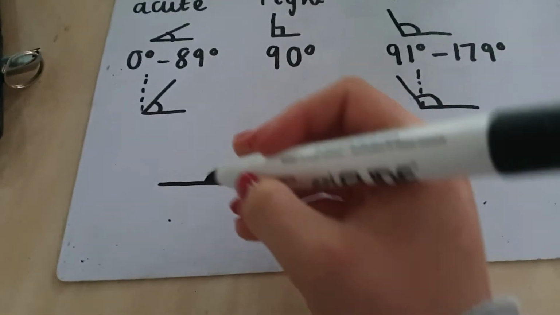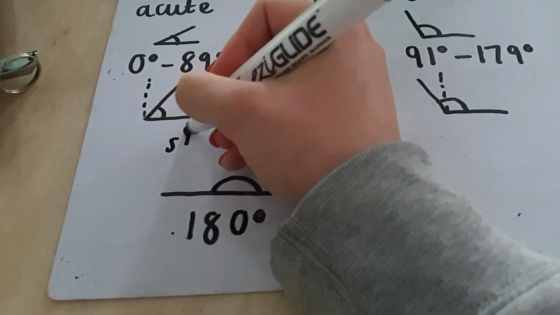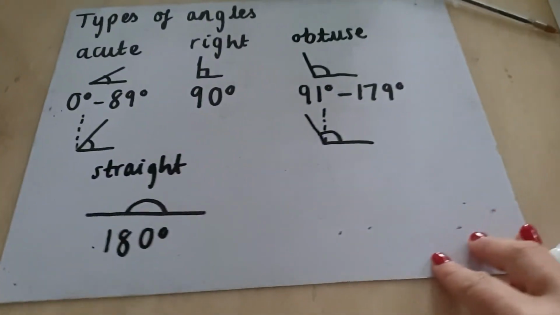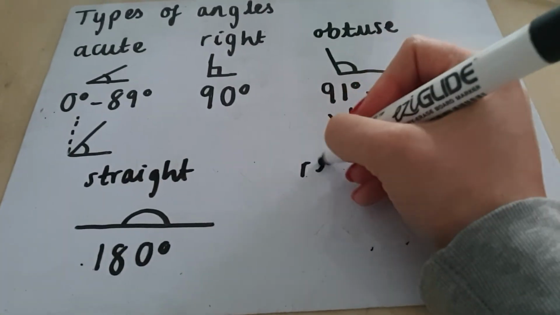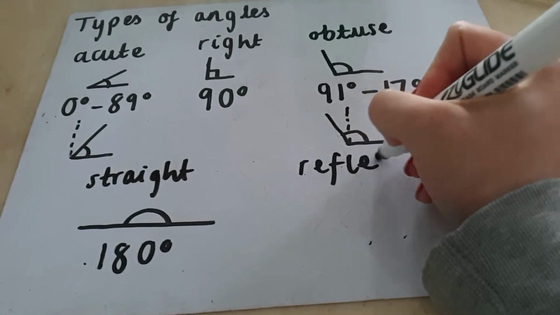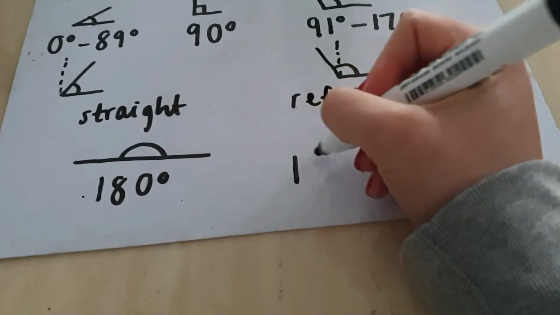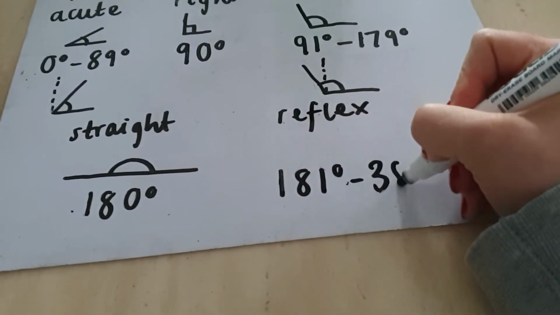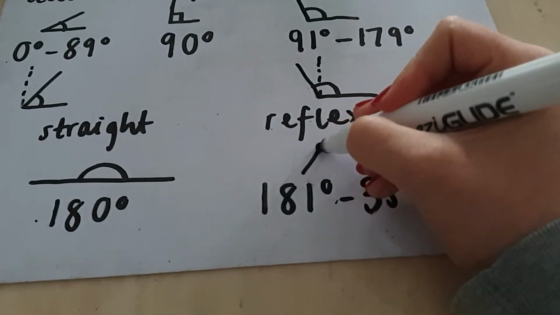Now, a straight line is 180 degrees, okay? And then the final angle that you will come across is a reflex angle, okay? And that is anything beyond 181 degrees to 359 degrees, and it looks something like this.